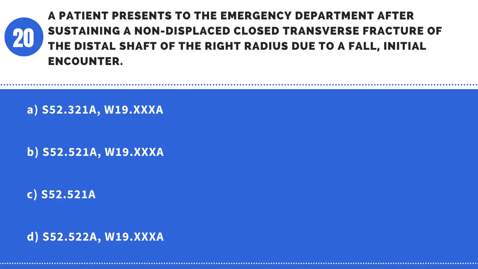Question 20. A patient presents to the emergency department after sustaining a non-displaced closed transverse fracture of the distal shaft of the right radius due to a fall, initial encounter.